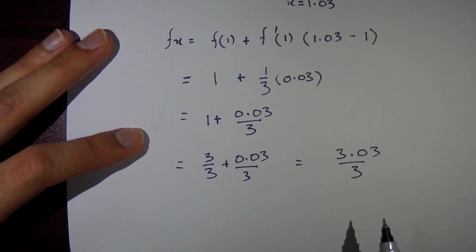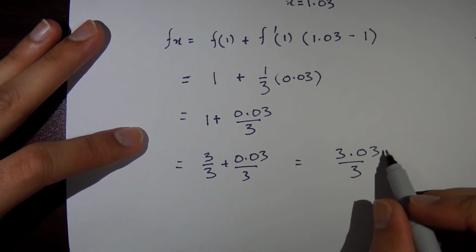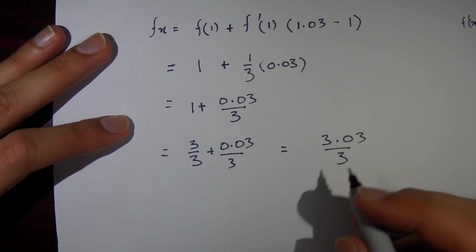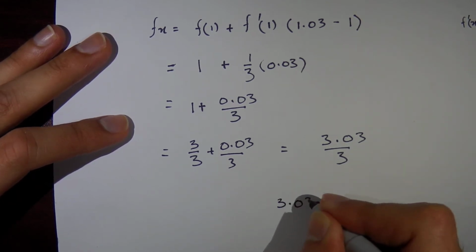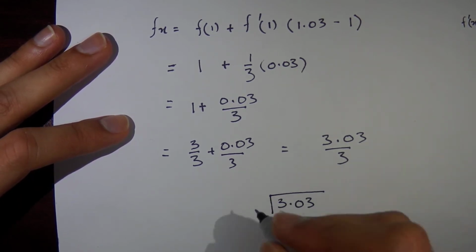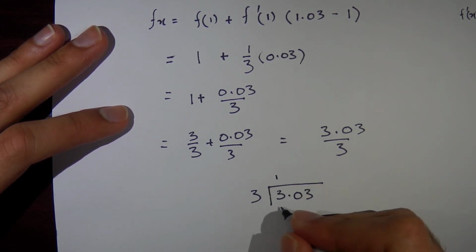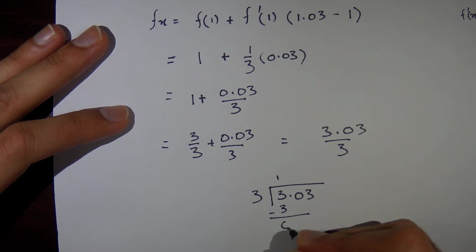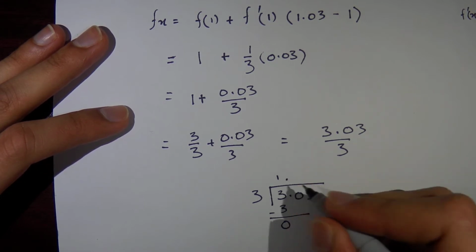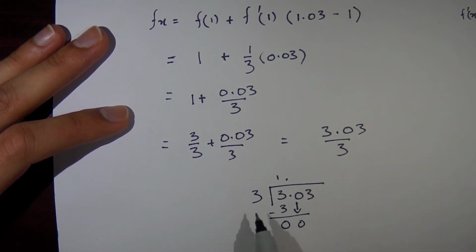Now with linearization and differentials, you must always remember that you're asked to find a final answer in terms of decimals. So we'll go back to 6th grade or 7th grade, whatever it was now. Take the numerator inside the house and divide by the denominator. 3 goes into 3 once. Remainder is 0. Put the decimal where it belongs. Get the next number down. 3 goes into 0 0 times.